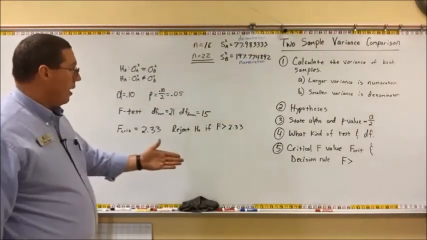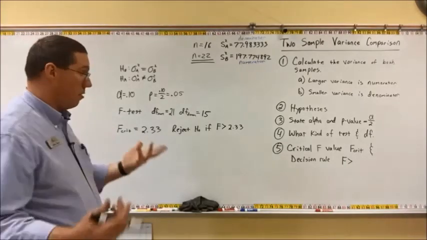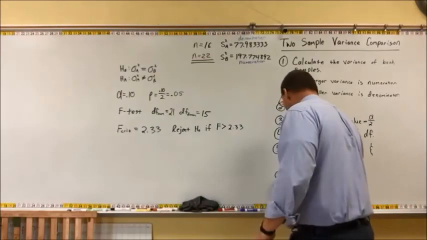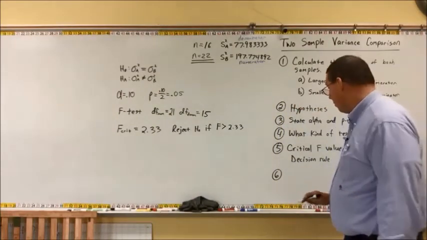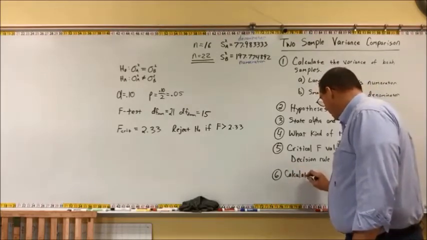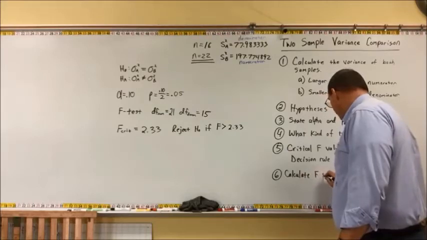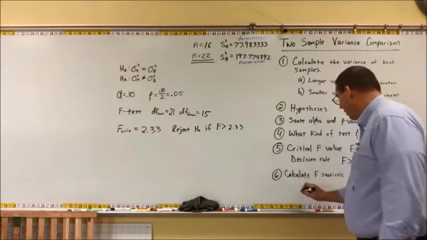And now we're going to calculate the F value. Now this is the part that you've probably been waiting for. You're like, what's my formula? It's actually a really easy formula. So calculate the F statistic. And here's the formula.